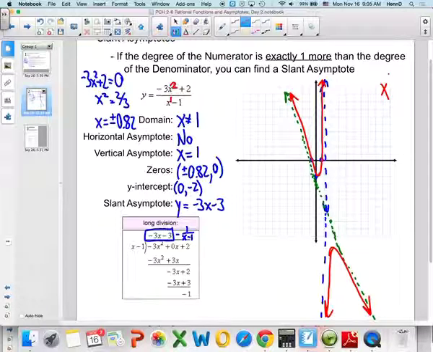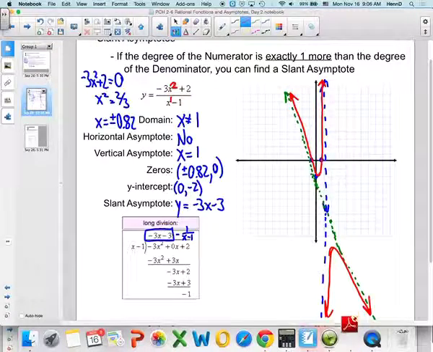If you've got an x to the 4th and an x cubed and some other stuff, you're going to have a slant asymptote. If you had an x to the 4th and an x squared, you're not. So if it's one more, you will have one no matter what. You need to divide and find out what that is. There's no exceptions to it?